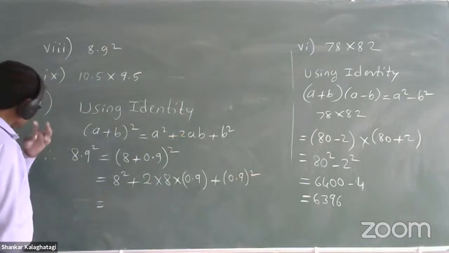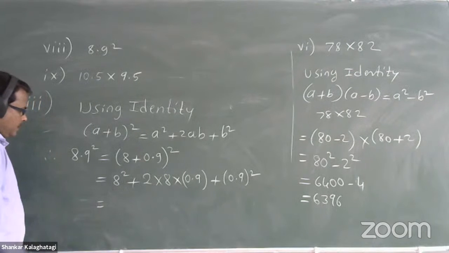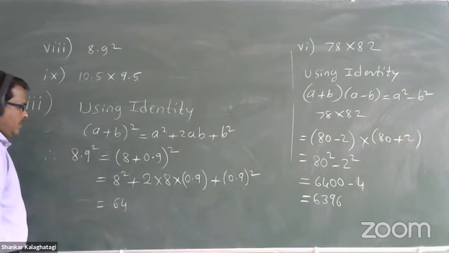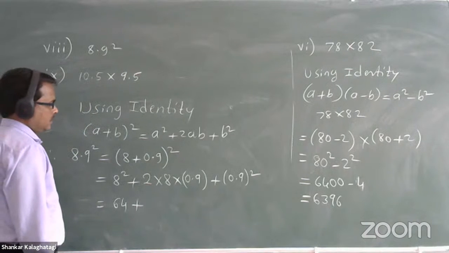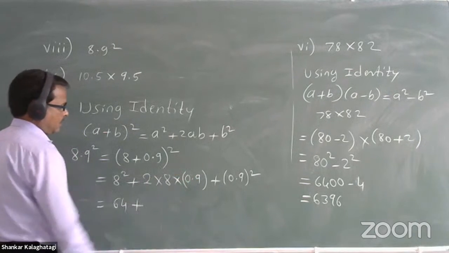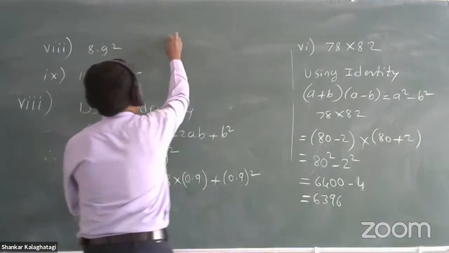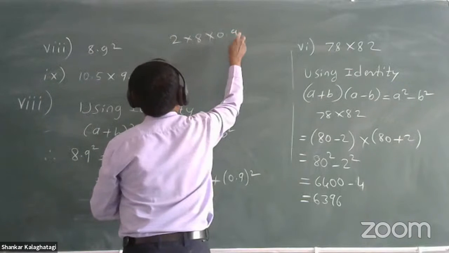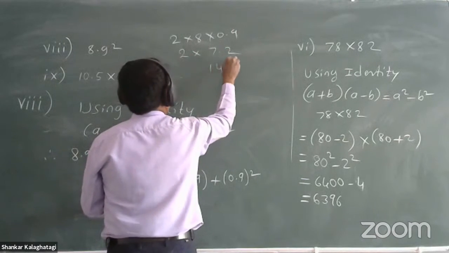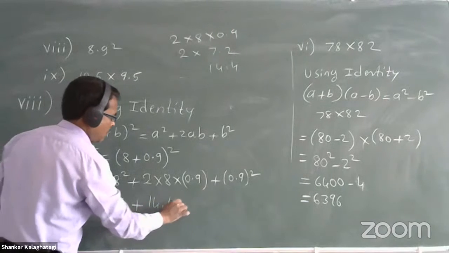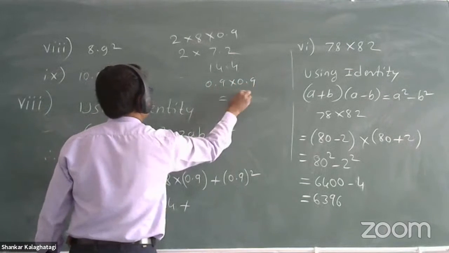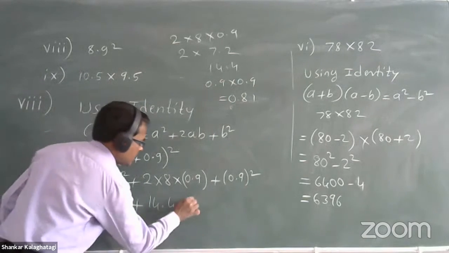Okay, next step. 8 8s are 64, plus 2 into 8 into 0.9. First, 2 8s are 16, 16 into 9 is 72, 7.2, double is 14.4. Plus (0.9) square, 9 9s are 81, 0.81.